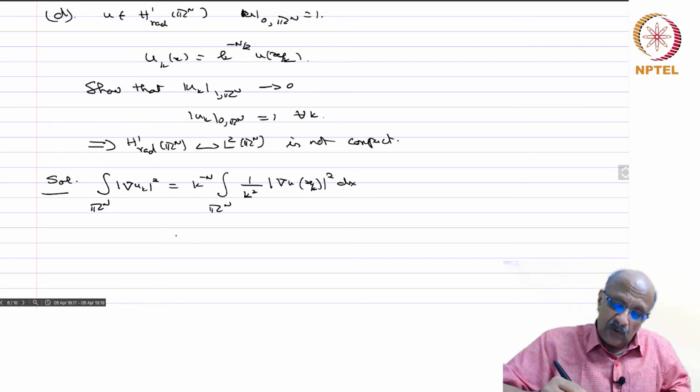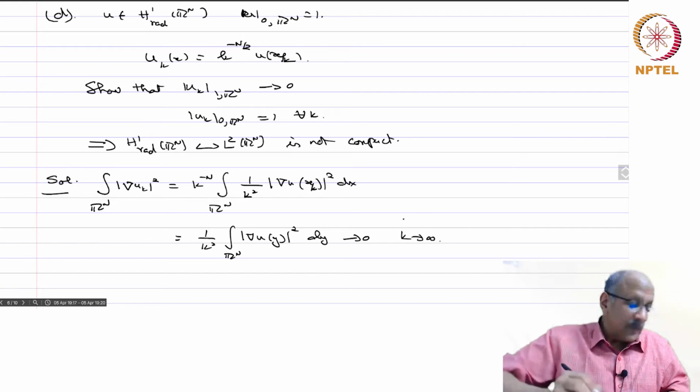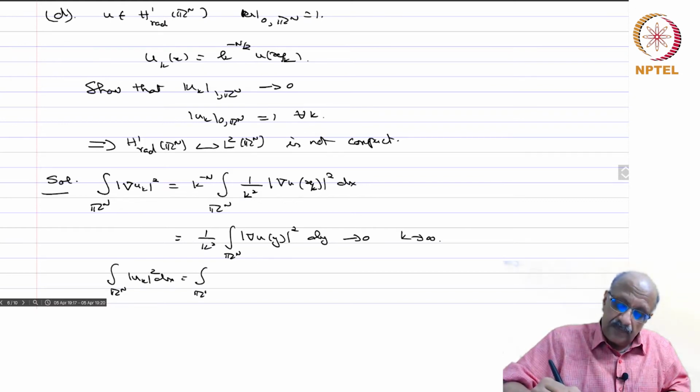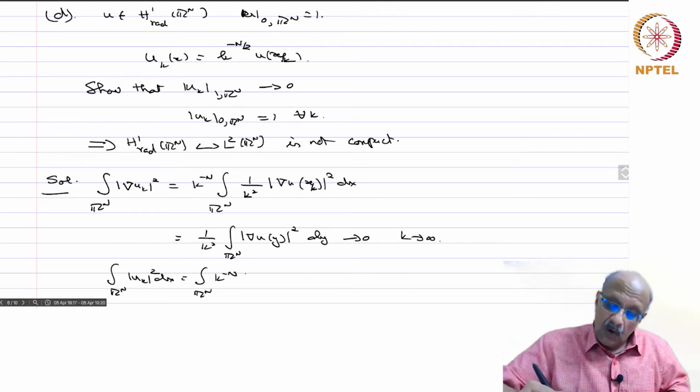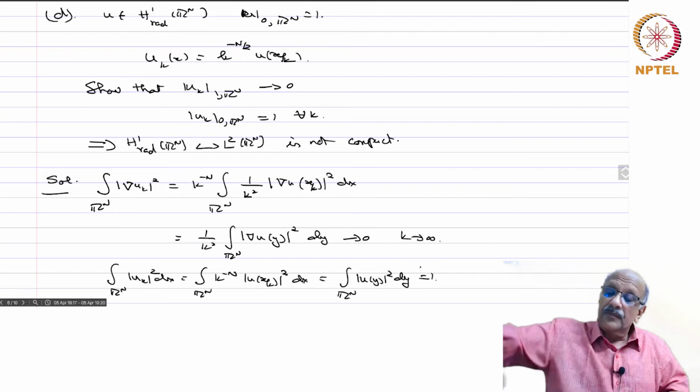If you put x by k equal to y, this will give you 1 by k^2 times the integral over Rn of |grad u(y)|^2 dy, and that goes to 0 as k tends to infinity. And the integral over Rn of |u_k|^2 dx equals the integral over Rn of k^(-n) |u(x/k)|^2 dx, and that's equal to the integral over Rn of |u(y)|^2 dy, and that's equal to 1. Okay.